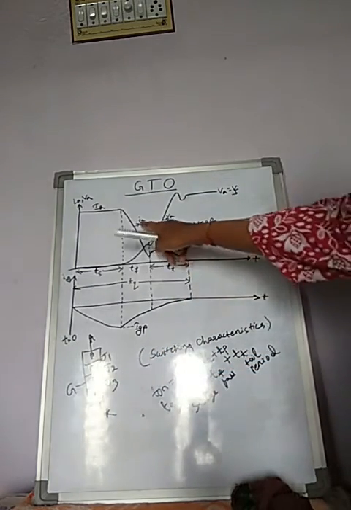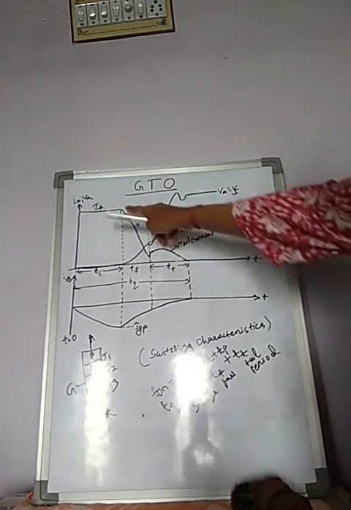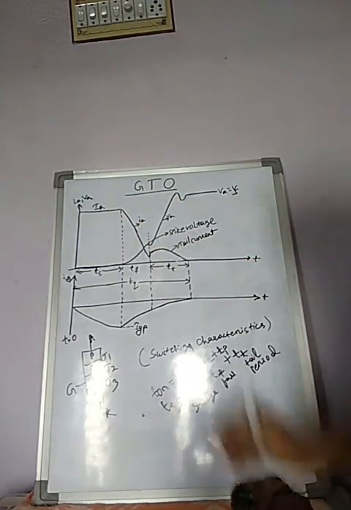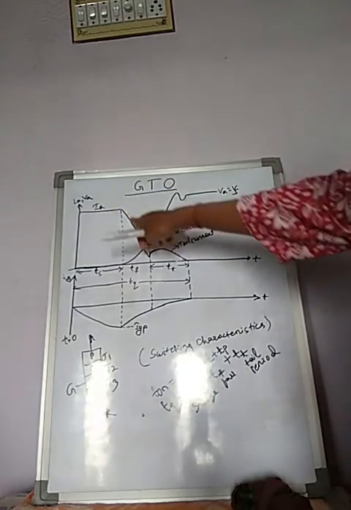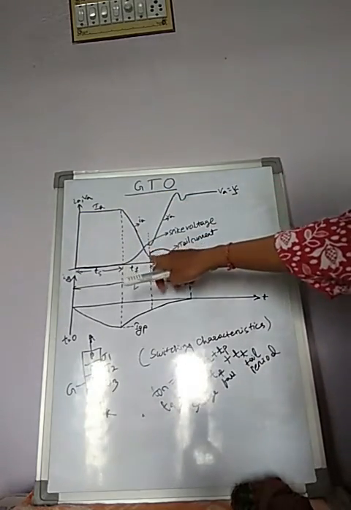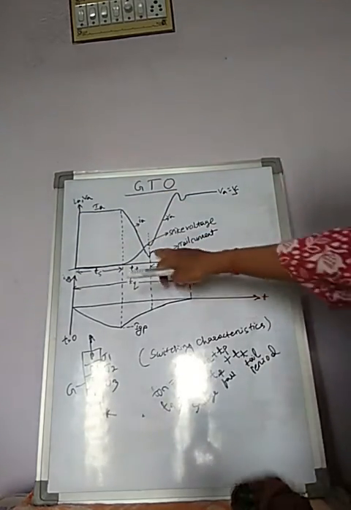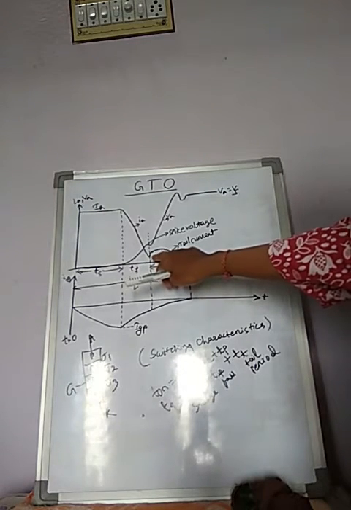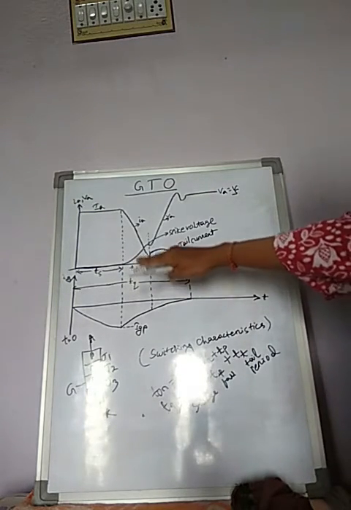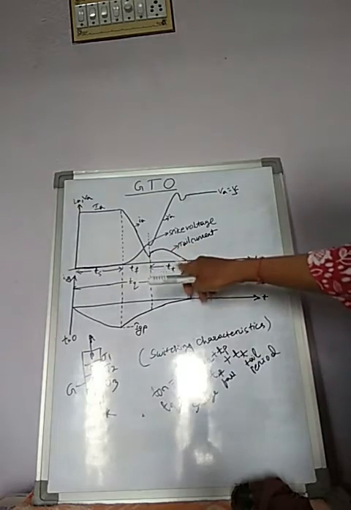Here the rate of fall of anode current is constant, and at a certain level it changes its rate of fall.